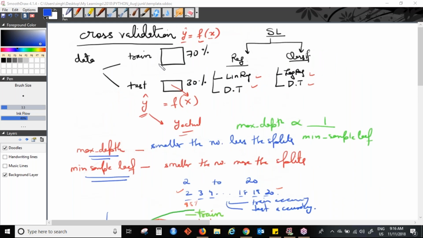Anupama says if we select similar pattern records in train, that is a problem. So Anupama, we are doing a random split. That is why we do a random split. We never divide the data as the top 70% going in train and the bottom 30% going in test. We always do a random split.